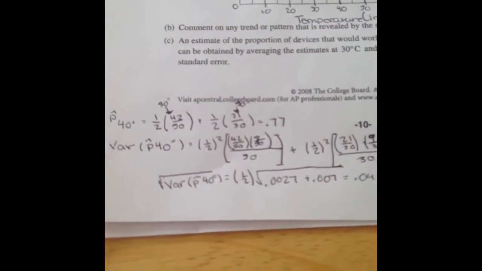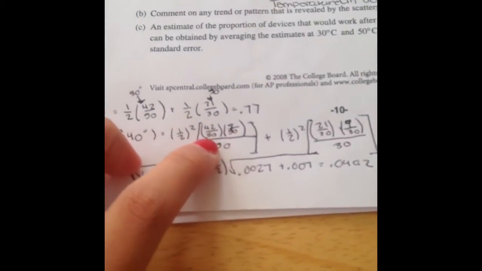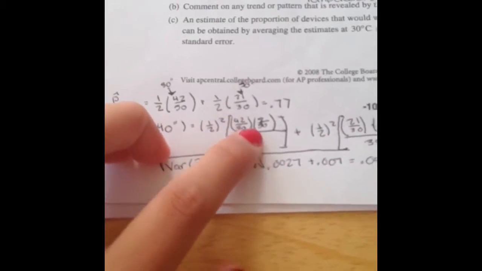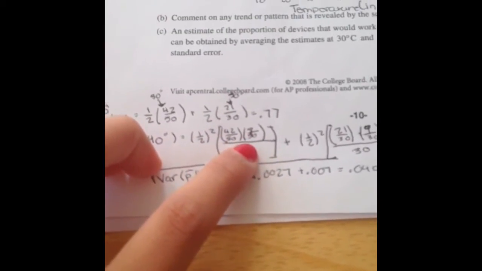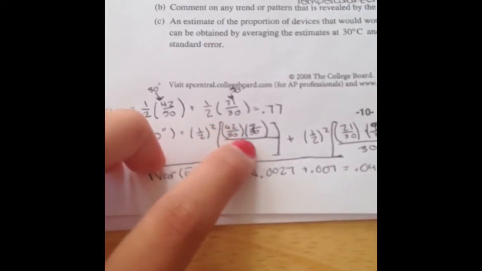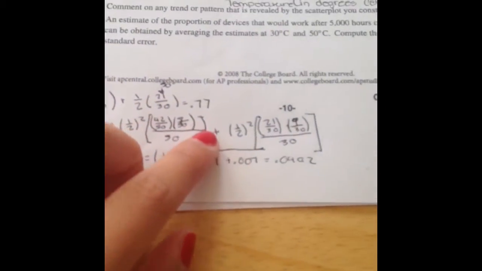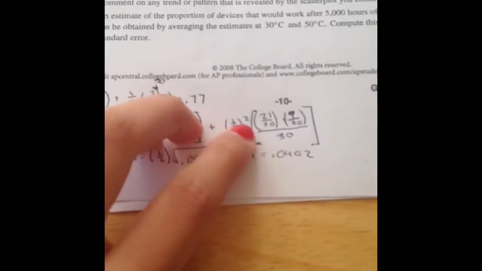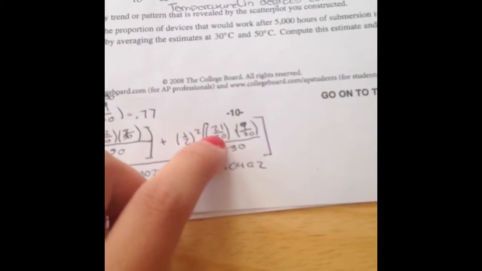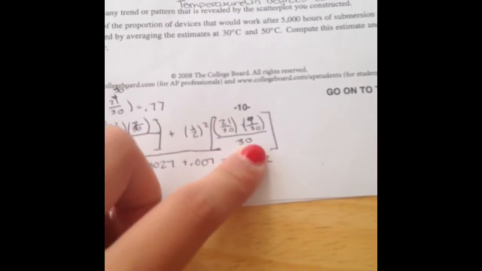And for the standard error, we have 1/2 squared times 42 over 50 multiplied by 8 over 50, and I got 8 by doing 50 minus 42, and then divide by 50. Plus 1/2 squared times 21 over 30 multiplied by 9 over 30, and I got 9 by doing 30 minus 21, then divide by 30.